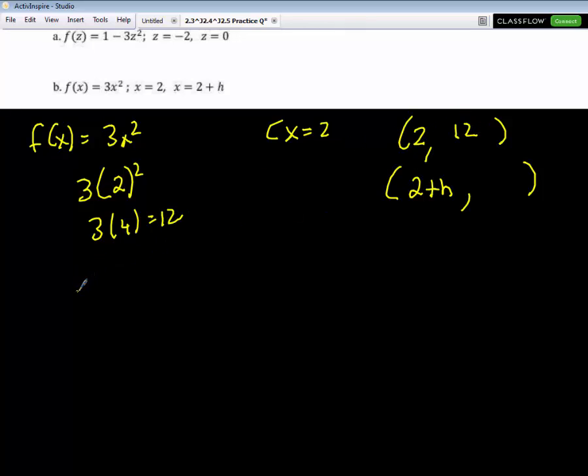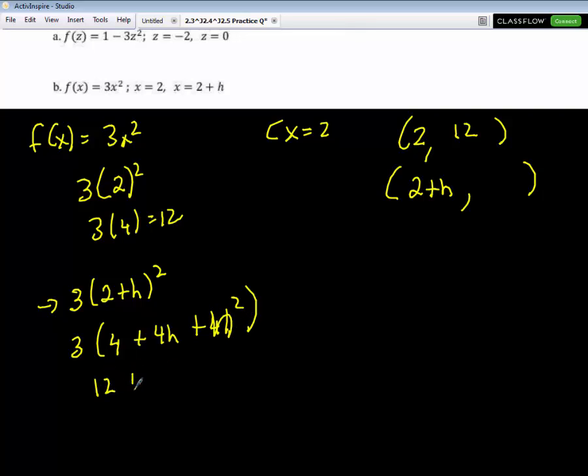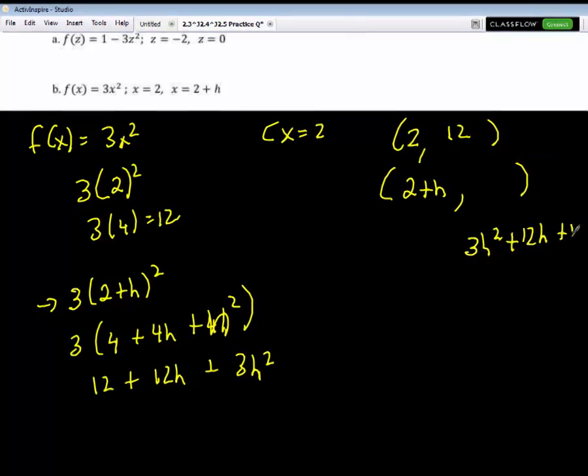When x is equal to 2 plus h, I get 3 times 2 plus h squared. And so when I square that out, this would become 4 plus 4h plus h squared. And so I'd get 12 plus 12h plus 3h squared. And so that would be my y there. So this would become 3h squared plus 12h plus 12.